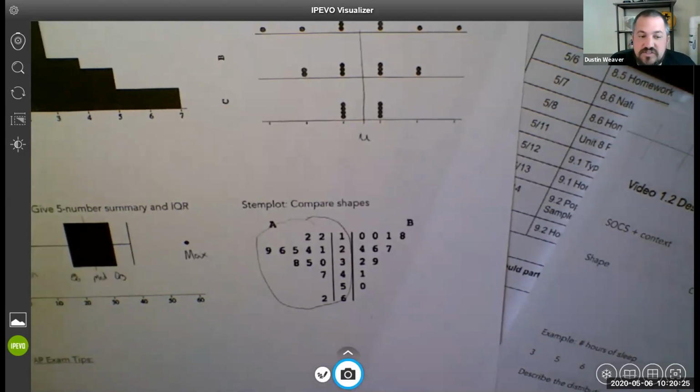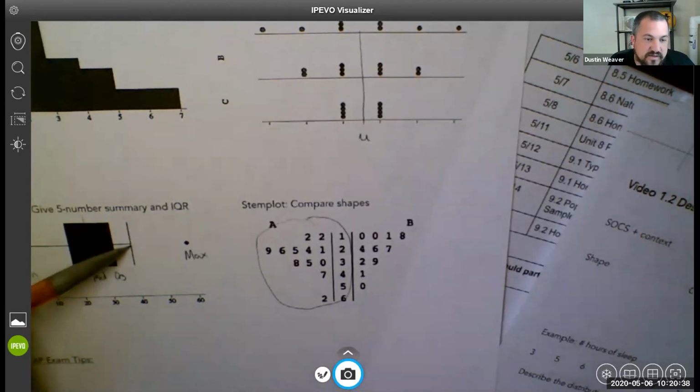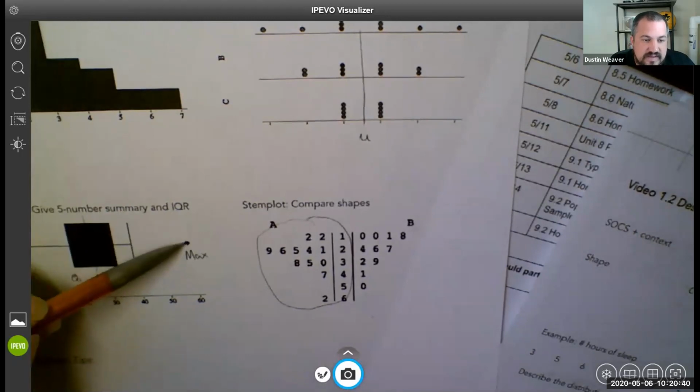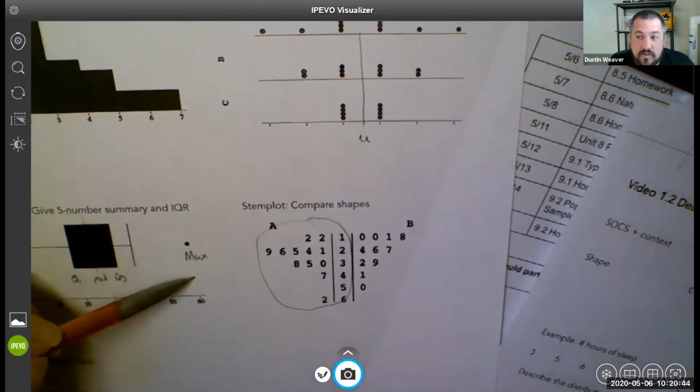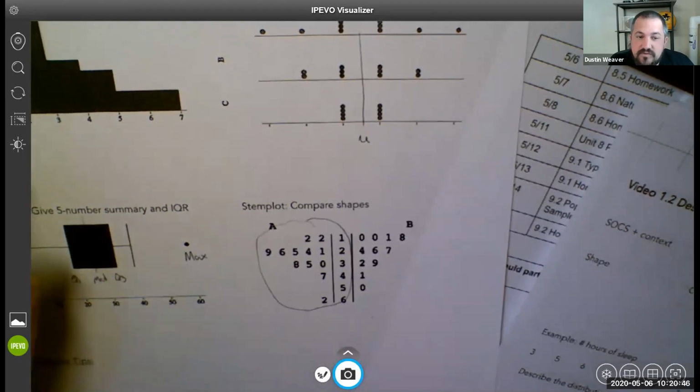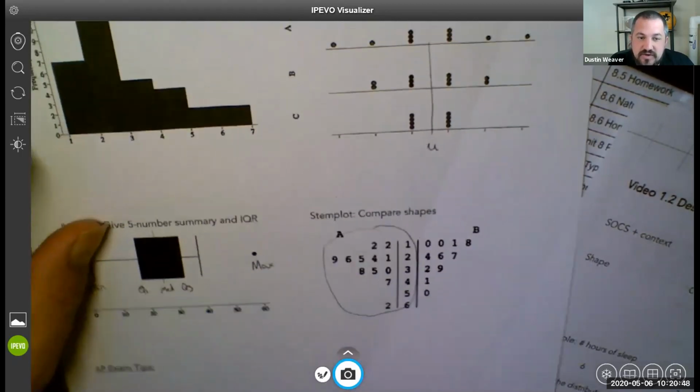So I would still say the range is 56 for that one. But we would say including the outlier if you wanted to be more specific. A lot of times, we can't say that this is our maximum because it's really not. This is our maximum, but we can say that our maximum is an outlier when we talk about the 5-number summary.